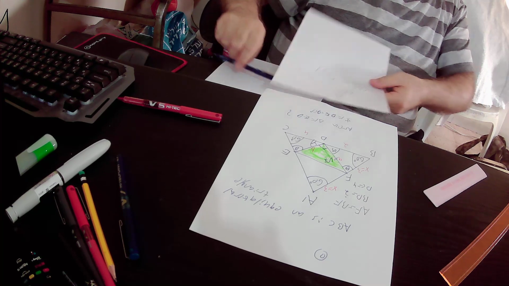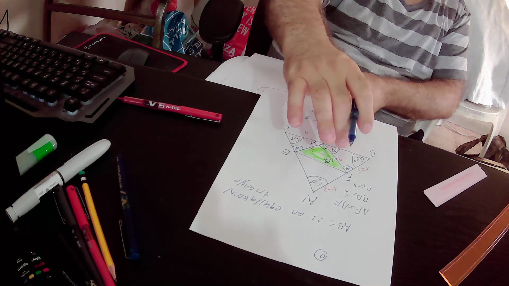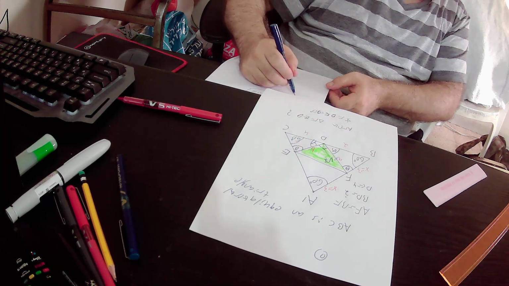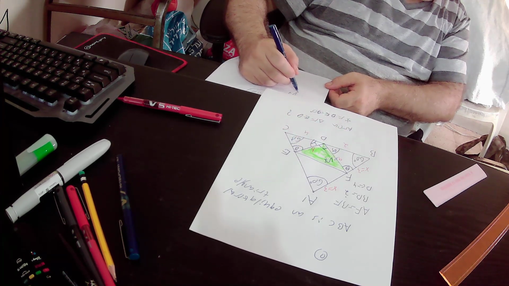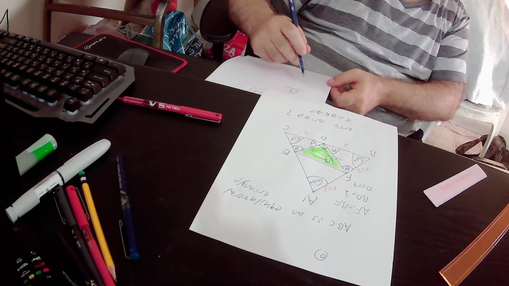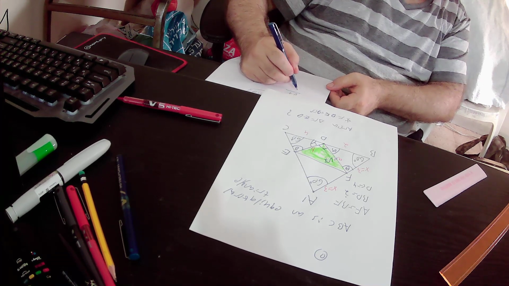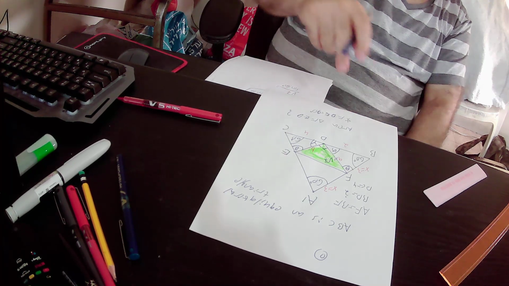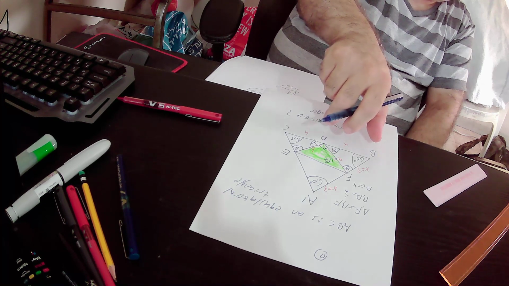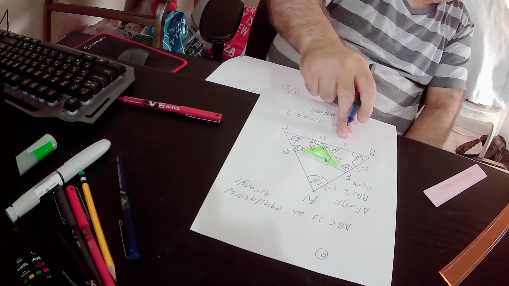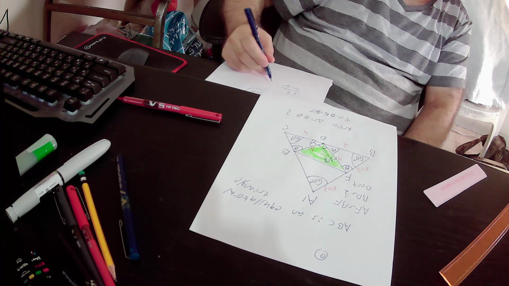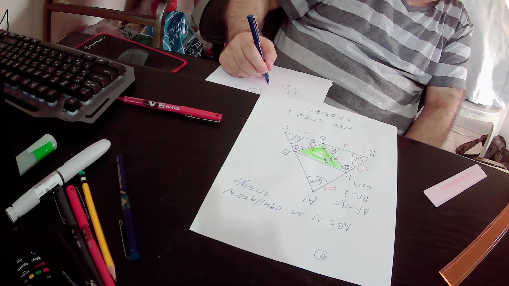But we know that FD equals the root of 7, so we can substitute FD by the root of 7. And we also know that BD equals 2 units. It is given in the question that BD equals 2 units, so we can substitute BD by 2.